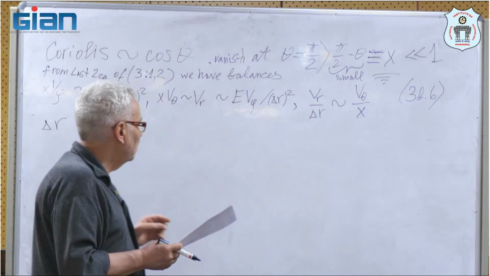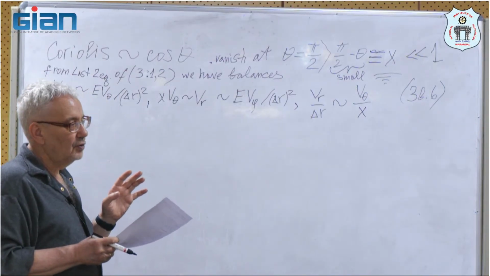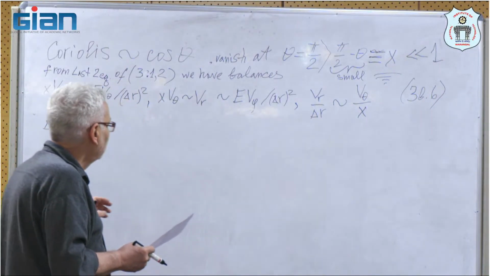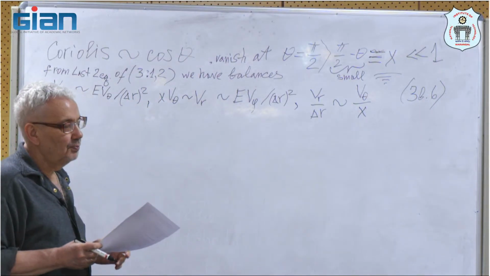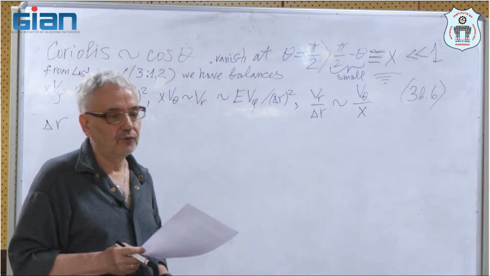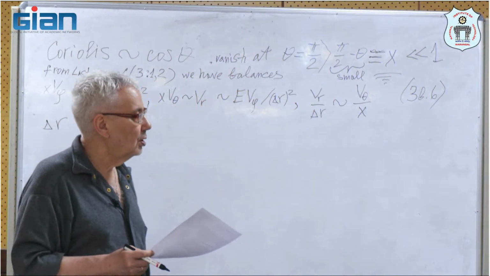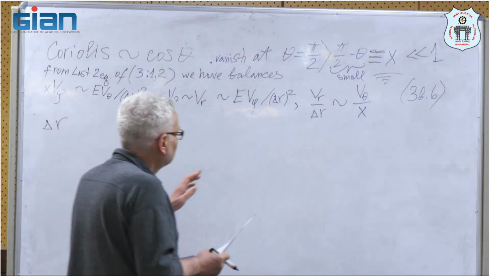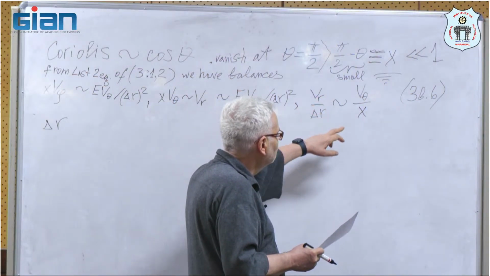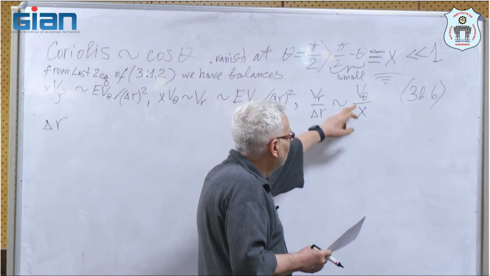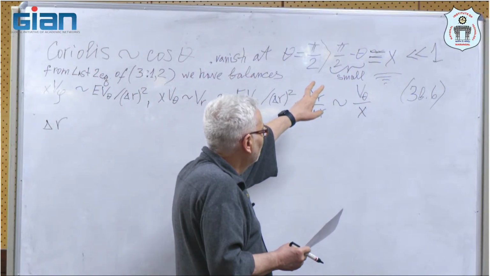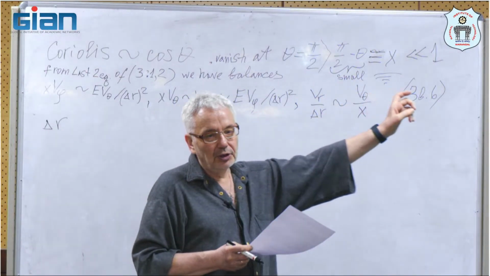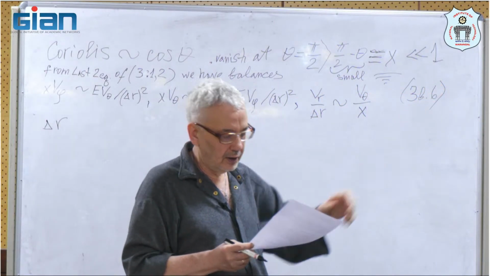Outside of the equator, this Coriolis force is very important, perhaps the most important force in this equation. But if we are near the equator, then Coriolis force becomes not so important, and it's proportional to this x, which is actually the difference in latitude from the equator to some position near the equator, but slightly far.